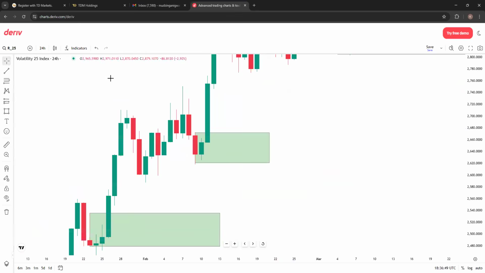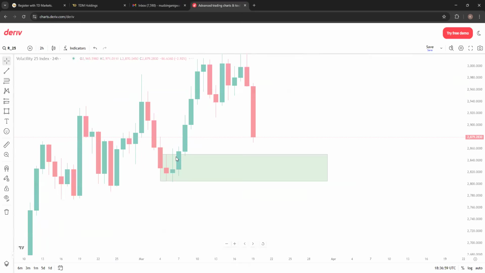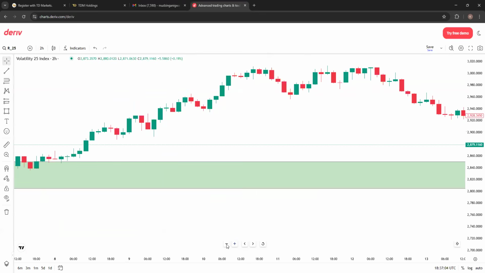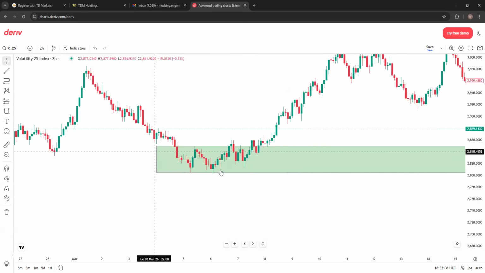Right. And as you can see, I've marked my last sale before I started buying in my 24-hour. But if I go to my 2-hour time frame, in that whole area where I marked my last sale before I started buying, I'm going to see that I have more order blocks, right? So which one now is your last sale before you started buying?